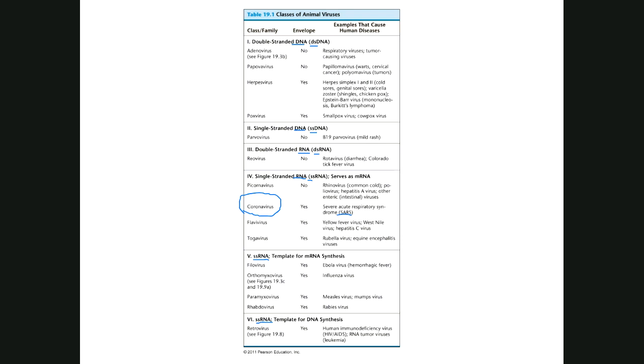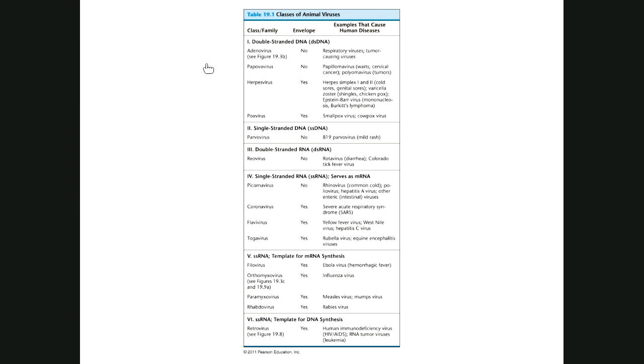So the COVID-19 virus is actually known as SARS-CoV-2 among the research community, and it would be classified under here, a class 4 virus. It's an RNA virus. It has its genetic information stored as single-stranded RNA, which actually serves as mRNA in the infected host cell. And here is its cousin, SARS, the one that was initially discovered.